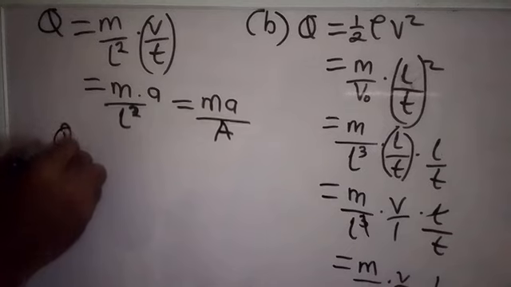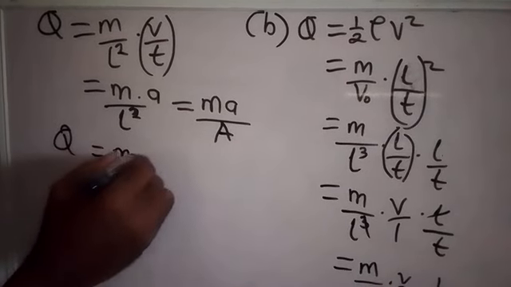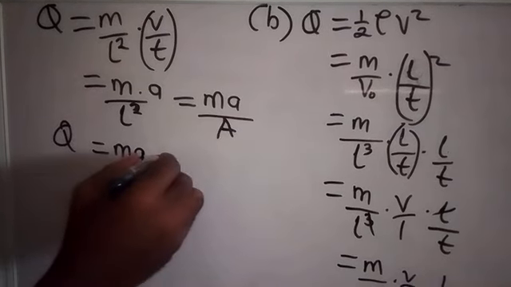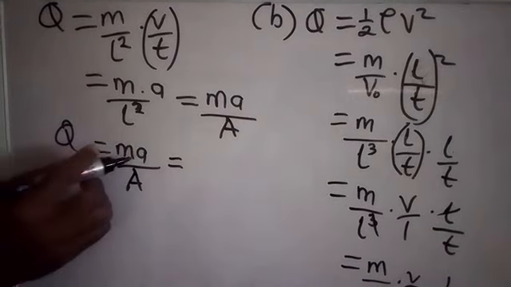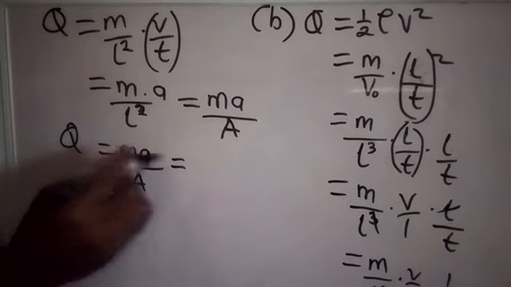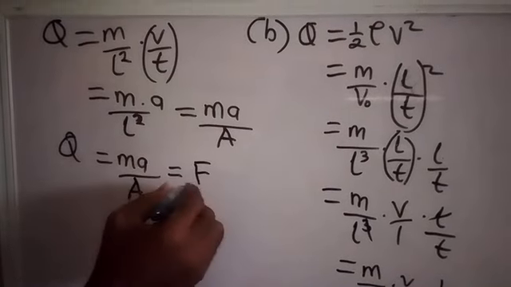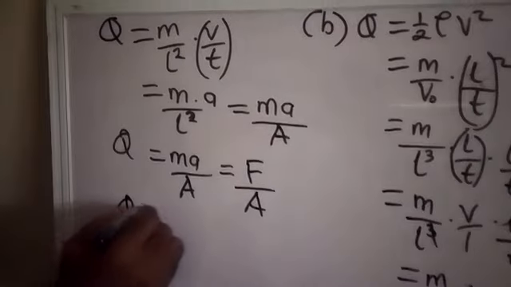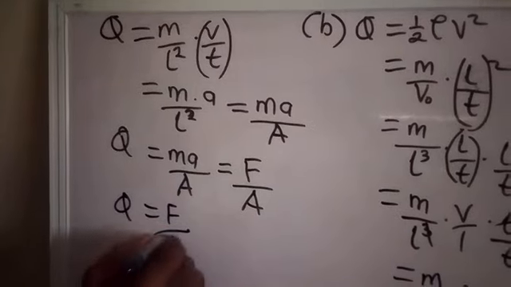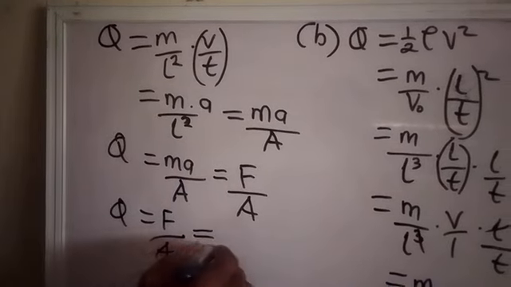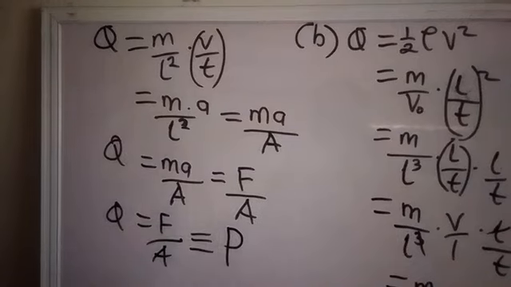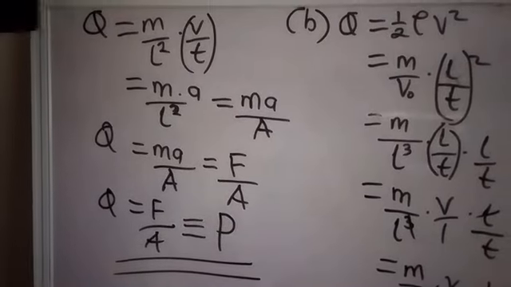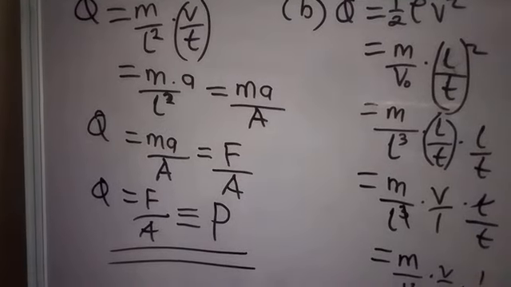So we see that Q is equal to M a over capital A. From physics, we know that mass times acceleration is force. So Q is force divided by area. For Q to be force over area means Q must be pressure, because we know that pressure is force over area, and that is the physical meaning of Q, pressure.